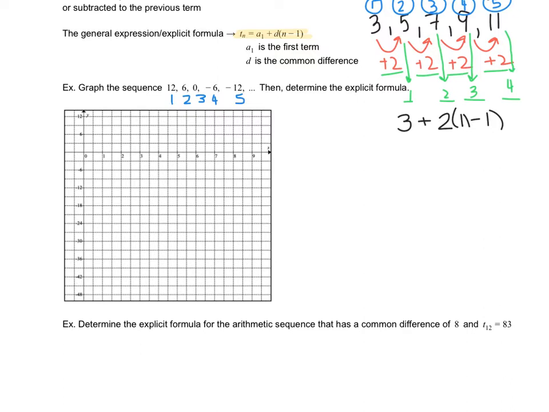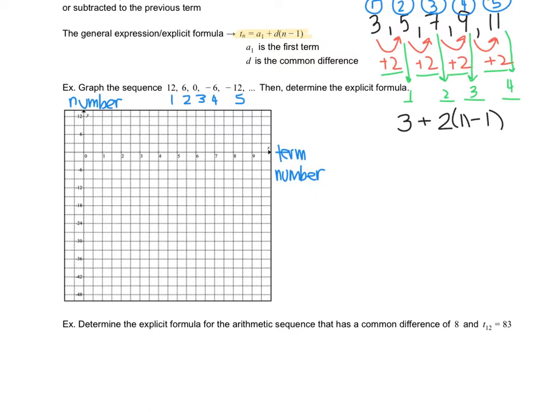And before I graph, I am going to label my x and y axis. So the x-axis is the term number, and the y-axis is the number in the sequence. So now let's graph.